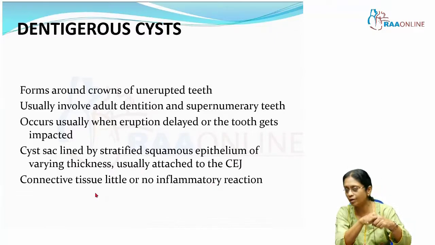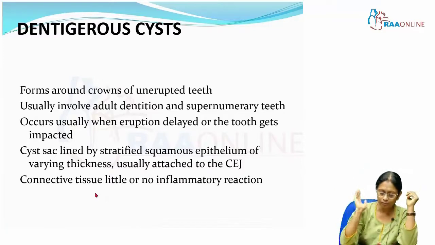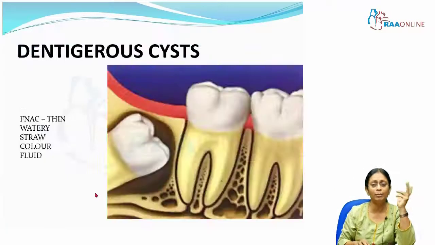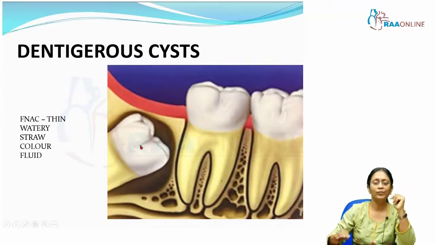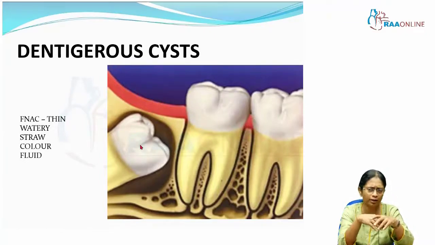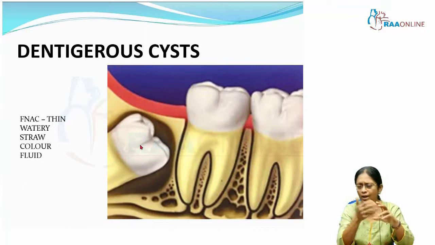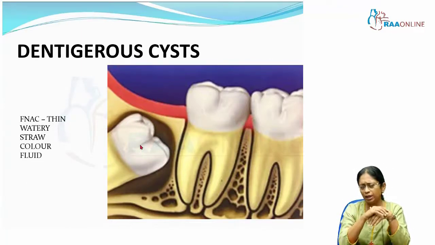So you need to be very careful when looking at a radiolucent lesion, especially one involving the angle of the mandible. Connective tissue may be minimal or inflammatory in nature. Say I find the patient has a huge swelling, I examine clinically, and there is a swelling in relation to the 8, the tooth is buried, the tissues are a bit inflamed, and I think, okay, let me put the patient on antibiotics.